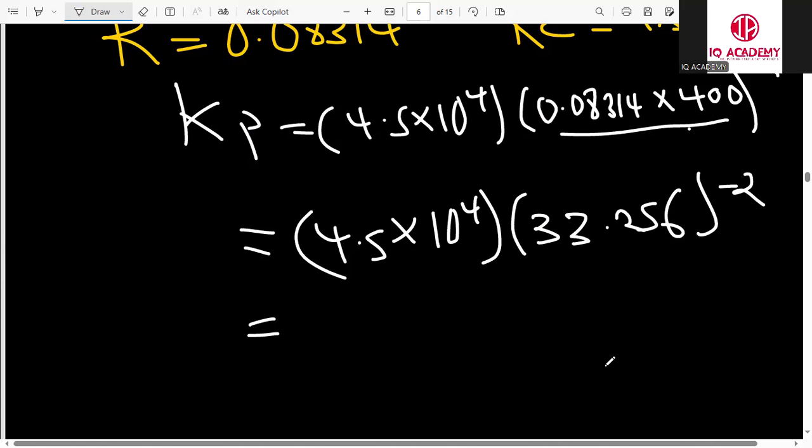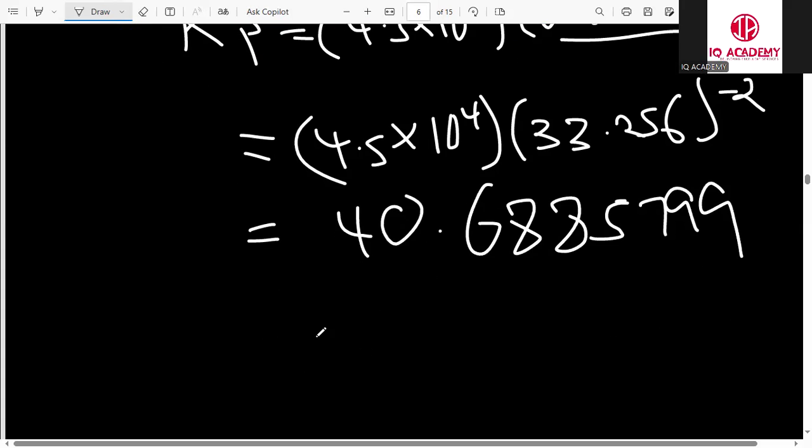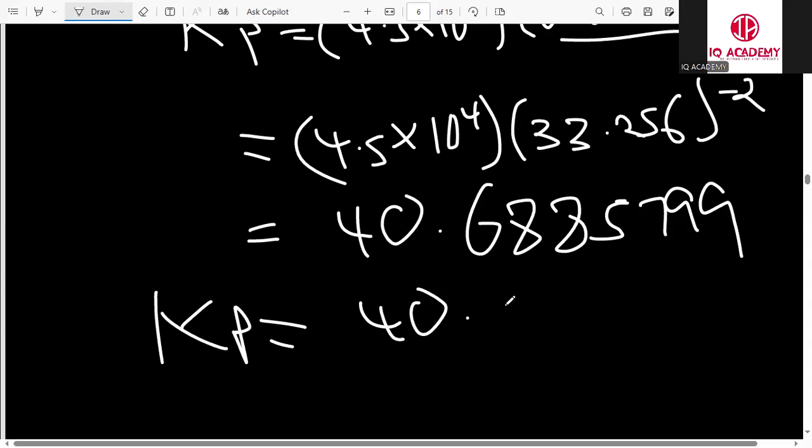My calculator is giving me the final answer as 40.6885799. So make sure you counter-check these answers. My Kp, if I was to round it off to 3 significant figures, would just be 40.7. So this is what I have there.